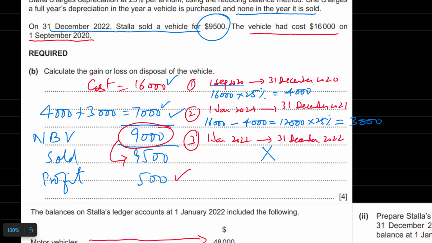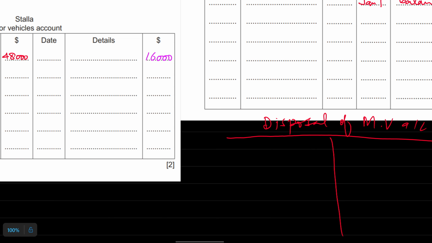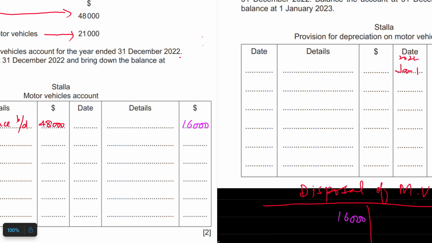But a motor vehicle was sold. Now the motor vehicle that was sold had an original cost of 16,000. Any motor vehicle sold will be credited in motor vehicles account and debited in disposal account with the original cost.